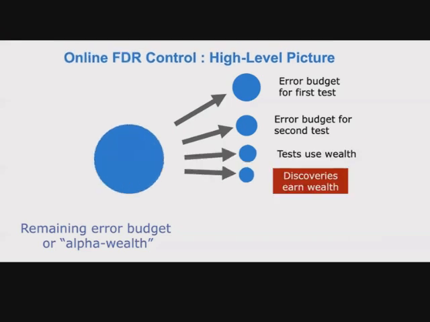And when you make a discovery, I'm going to give you some more wealth back. I'll give you another dose of alpha, and that'll add to whatever residual alpha you had left over from before. And now you'll use the total that you have, and you'll start to compare that to future p-values. You'll allocate some of your alpha to the next test and the next test and the next test. And you'll do this for a while in the future.